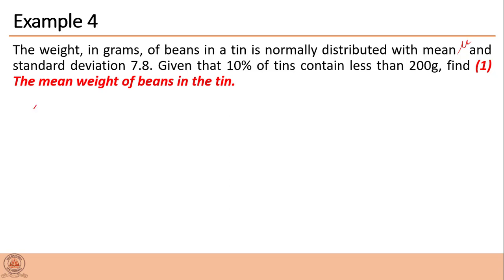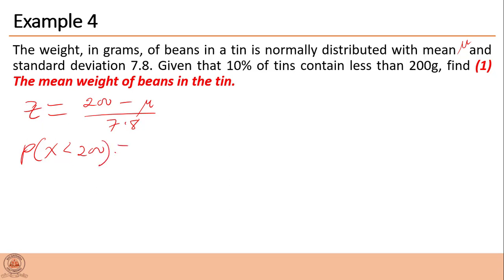So we're going to say z is equals to 200 minus mu, which is not known, all over 7.8, our standard deviation. So we want to find the probability that x is less than 200. That will be 0.1, 10%, remember that.